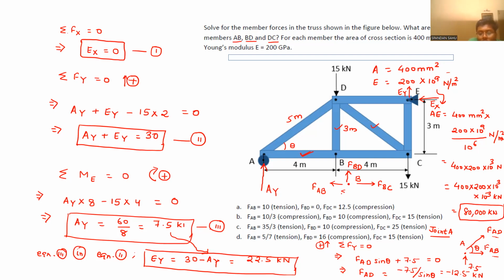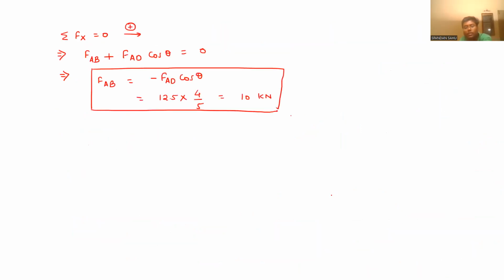And when we are doing summation of force along y equal to 0, you will directly get FBD is a 0 force member. So we are done with AB and BD. Now we need this member DC.